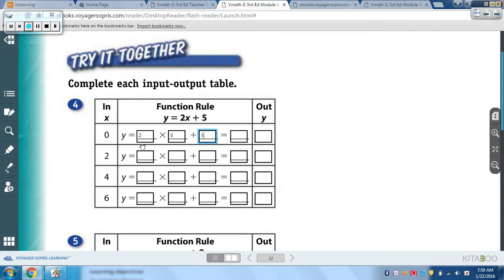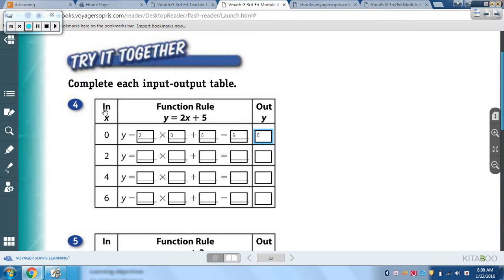We use the order of operations to solve our function rule, solve our expression, as we always do. So we do multiplication or division first. 2 times 0 is 0, and 0 plus 5 is 5. So if x equals 0, our input value equals 0, our y, our output value, equals 5.